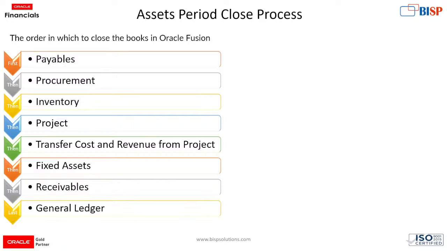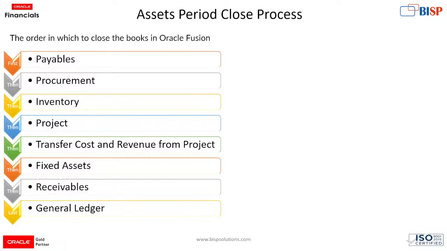This ensures that the uninvoiced accruals entry is accurate. Close payables before closing fixed assets. This is done to ensure that invoices are completed and capital invoice lines or distributions are transferred from payables to fixed assets.